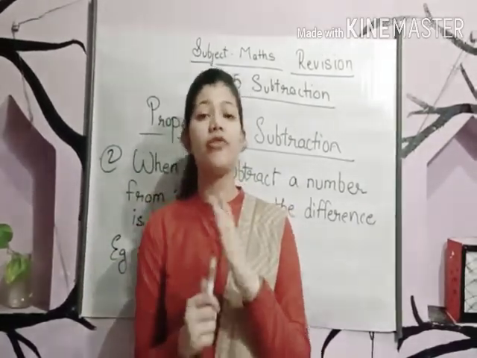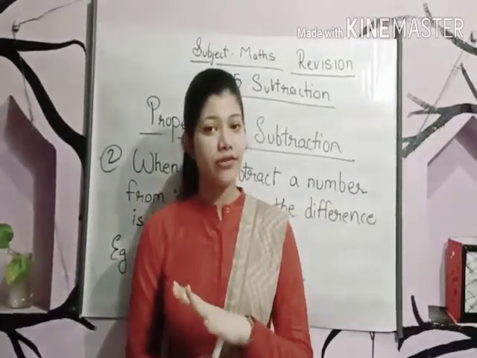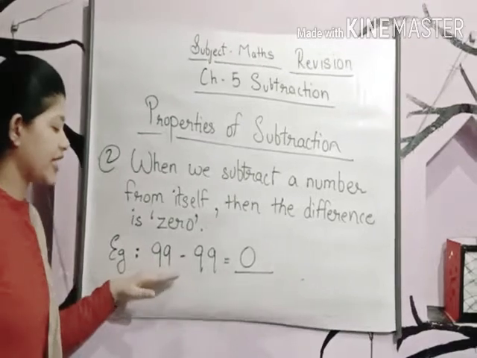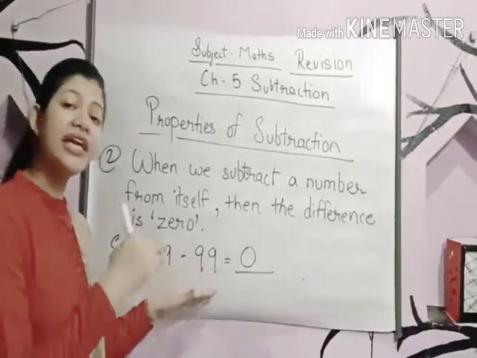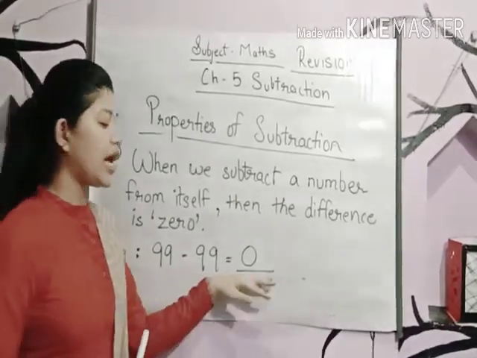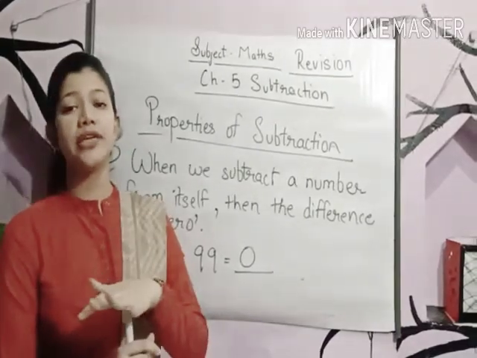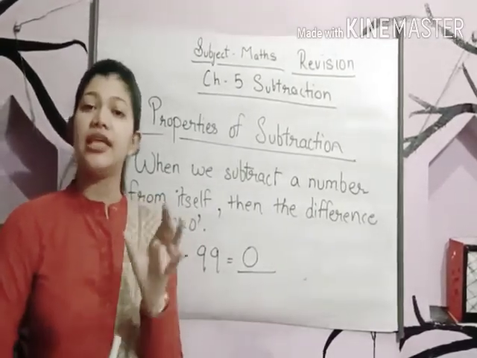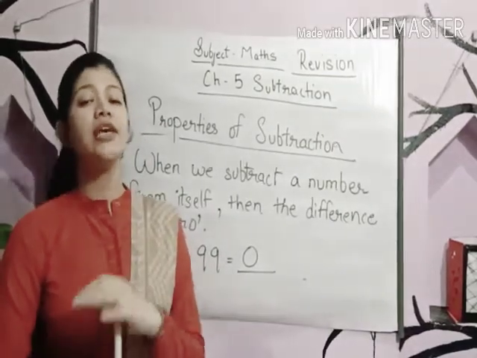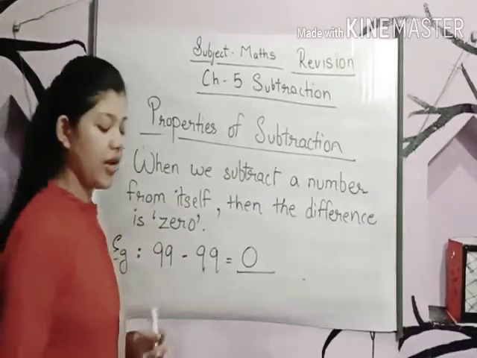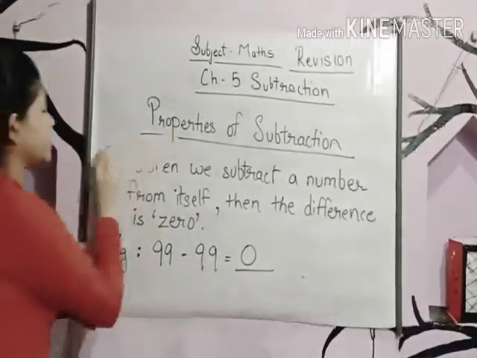Yes, like this, whenever we subtract any number from the number itself, then the answer will be 0. Means when minuend and subtrahend are same, then the difference which we will get will be 0. Okay, clear?